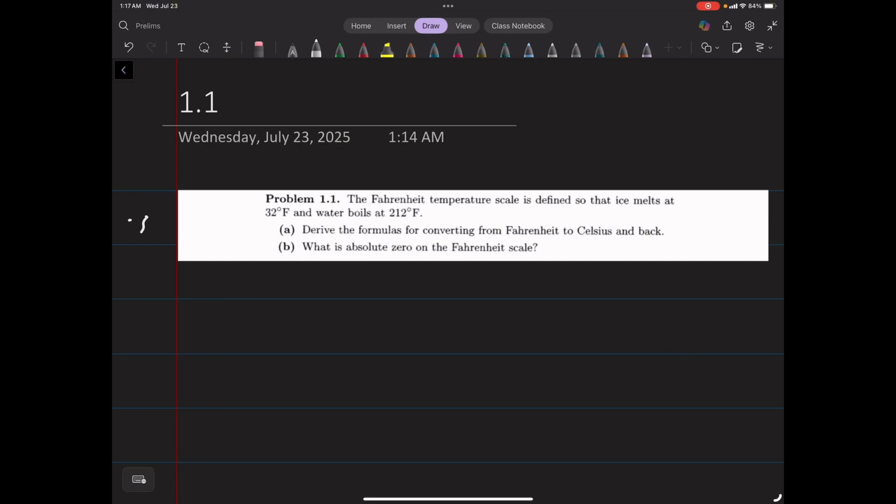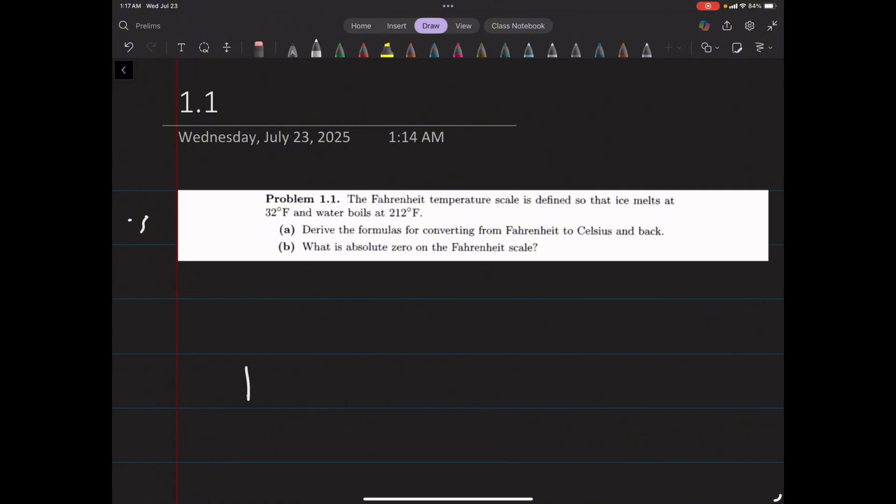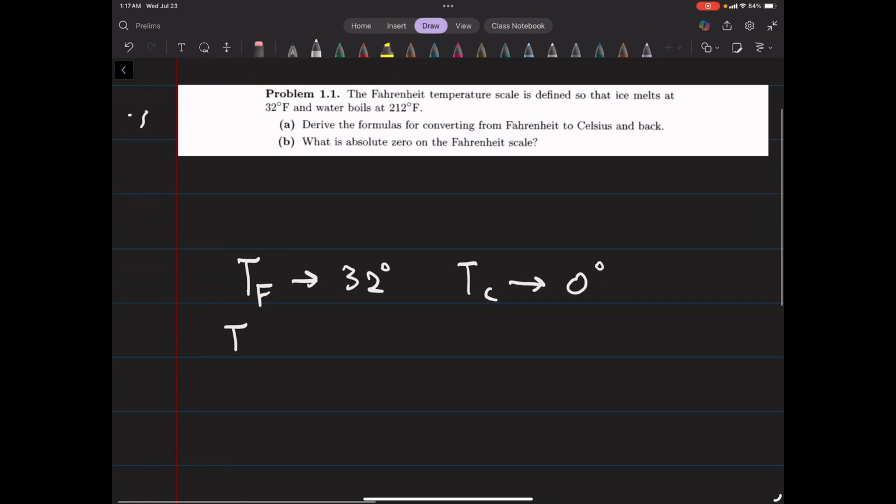So for Fahrenheit, a temperature in Fahrenheit of 32 degrees corresponds to a temperature in Celsius of 0 degrees, and a temperature in Fahrenheit of 212 degrees corresponds to a temperature in Celsius of 100 degrees.